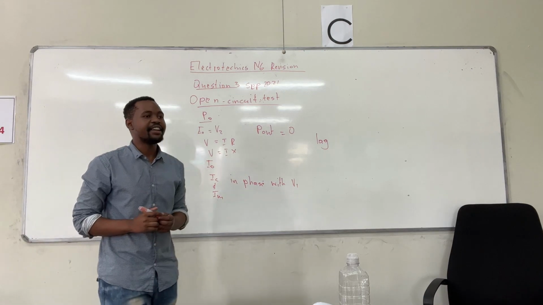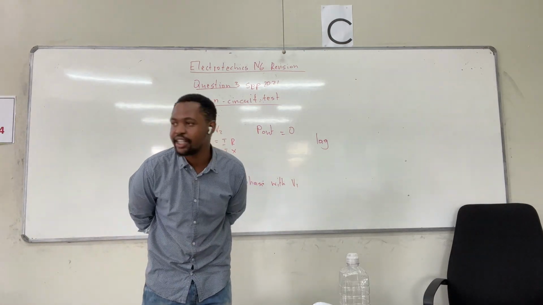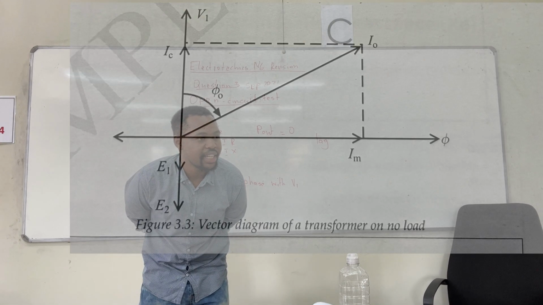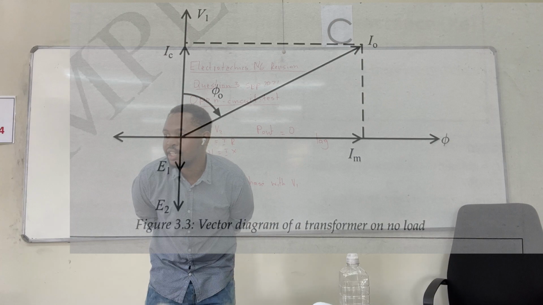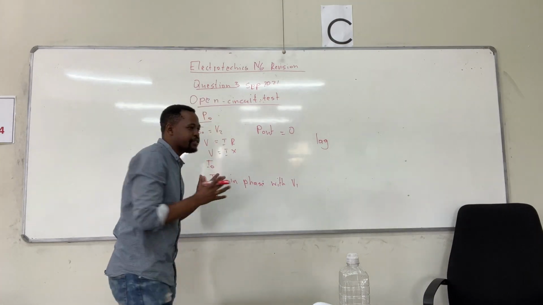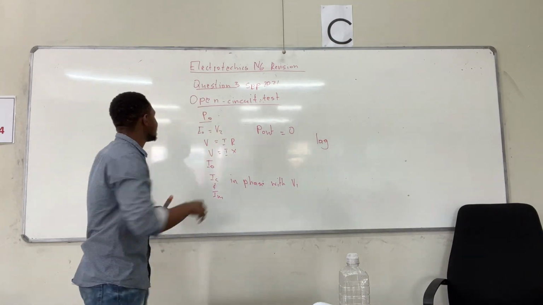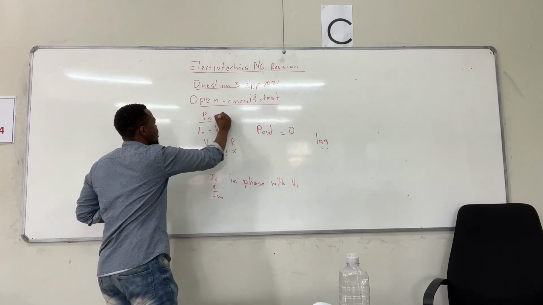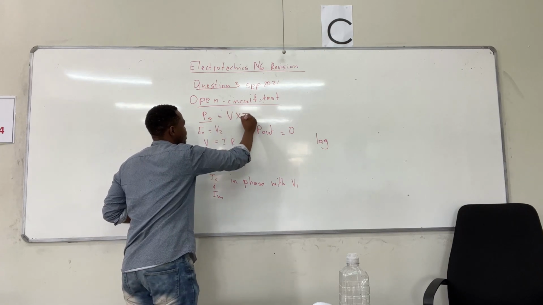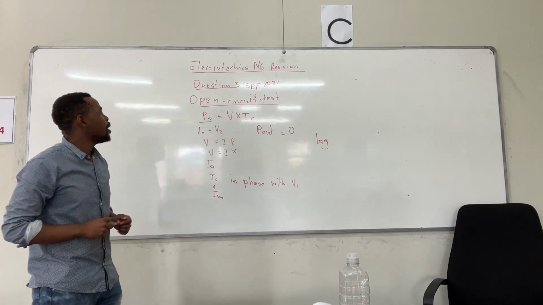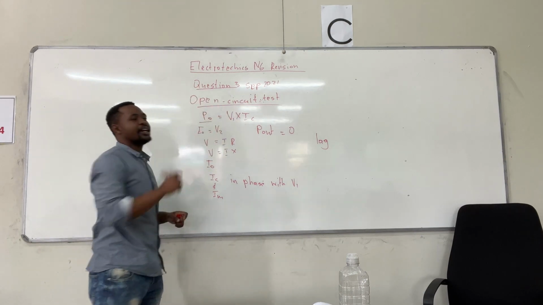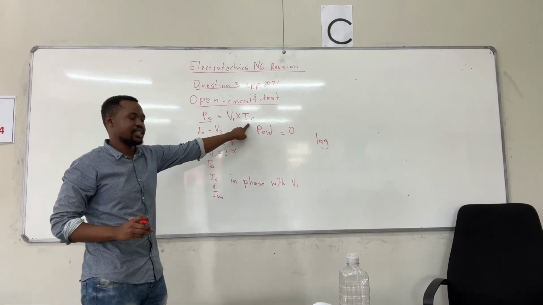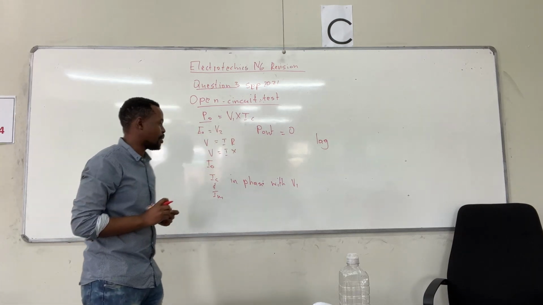If you look at the vector diagram, figure 3.3, the IC is in phase with the voltage. So if you want to calculate the no load input power, it is V1 times IC, because IC, which supplies the core losses, is in phase with the supply voltage.